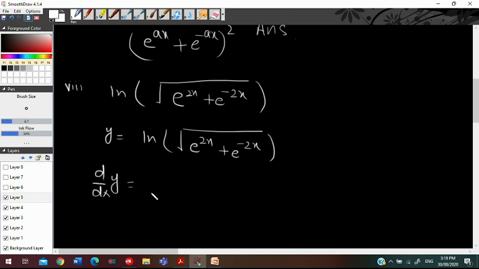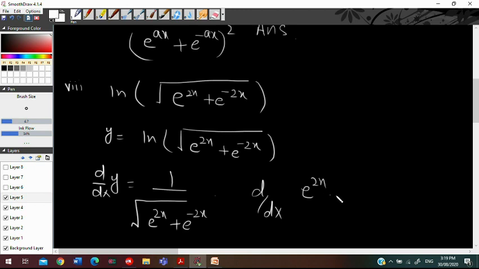Then this is the natural log, so 1 by under root exponential 2x plus exponential minus 2x into d by dx of exponential 2x plus exponential minus 2x whole power 1 by 2. Instead of writing this under root, I have written its value.